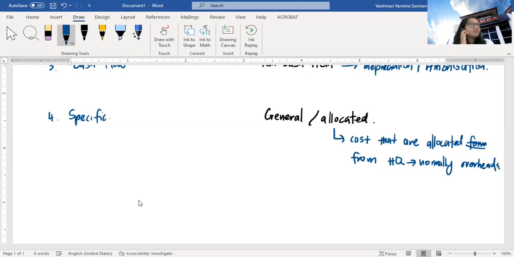I don't know whether you guys remember, but when you learned your CAT level paper, you had one of the topics where you learned about overhead allocation. This is one example of the costs that are allocated, and it's a general cost. It's not incurred specifically due to the decision that you undertake. All right. So with this, I'm hoping that you understand very clearly about relevant costs.